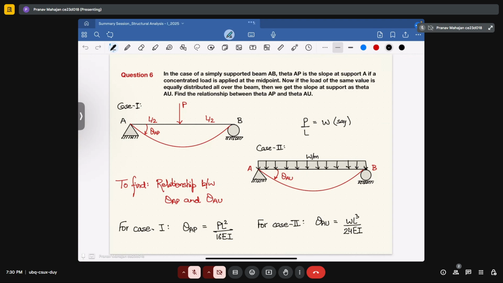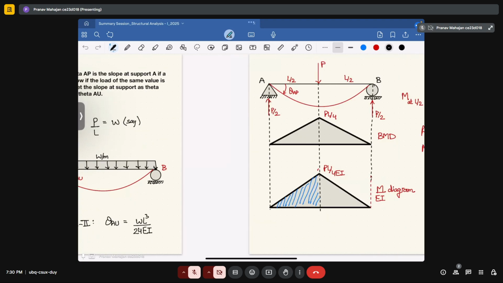Now you have to define the relationship between theta AP and theta AU. For the first case, theta AP comes out to be equal to PL square upon 16 EI, whereas theta AU comes out to be WL cube upon 24 EI.